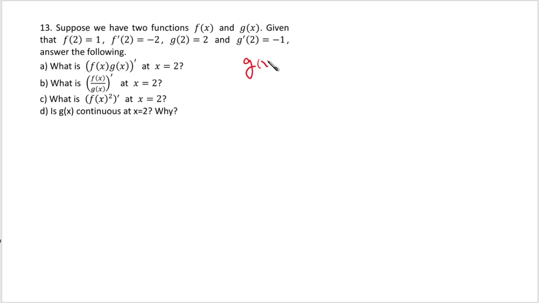Well, if you want to differentiate this, and you want to evaluate at x equals 2, you first have to differentiate this, and you realize that these are two functions multiplied as a product.